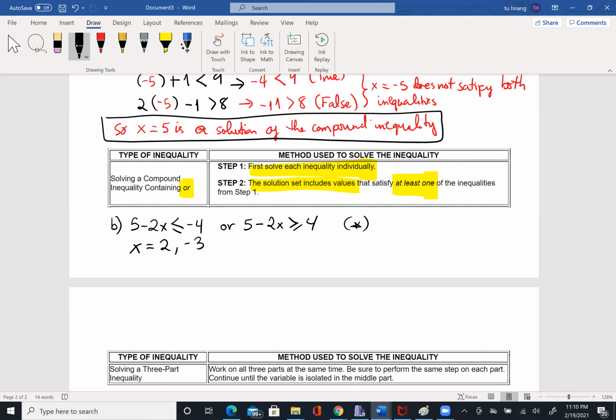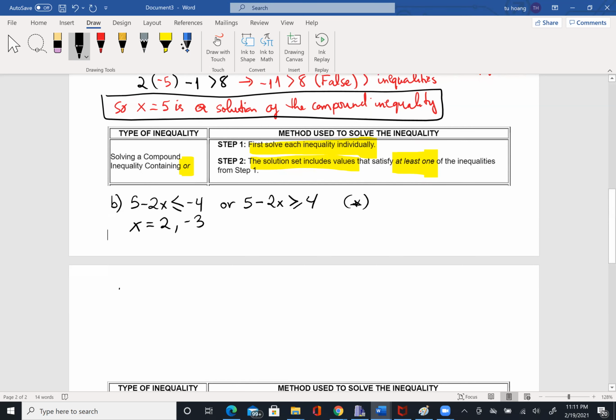So I will substitute and move to step number 1. Substitute x equal to 2. Let's check a case: x equals 2 into inequality star.